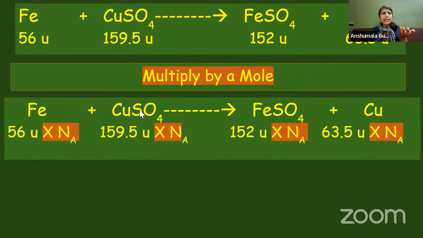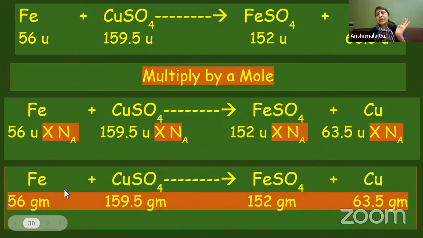So you have 56 U multiplied by Na. That means you take Na number of reactants, and therefore you will get Na number of products also. But because U times Na gives you a gram, the whole equation gets converted into grams.